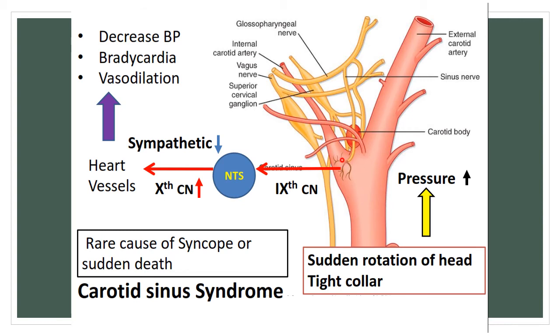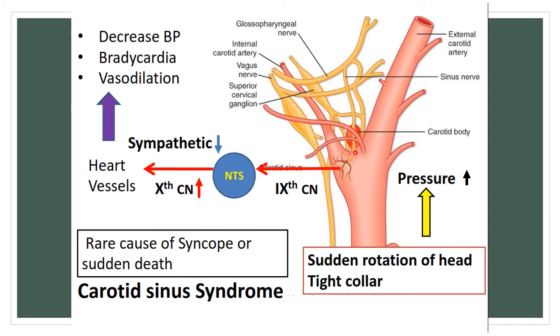Now at the origin of the internal carotid artery, where the common carotid artery bifurcates, from that particular area we can identify the fusiform dilation. That fusiform dilation is called carotid sinus. And now what is the importance of this carotid sinus?